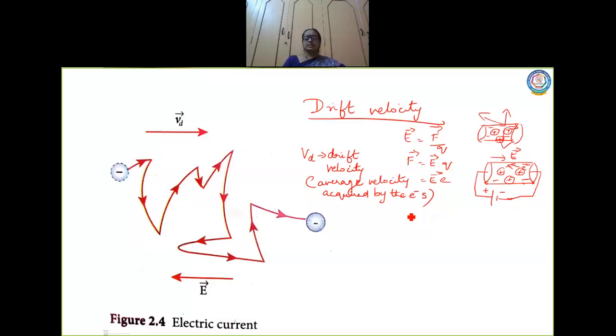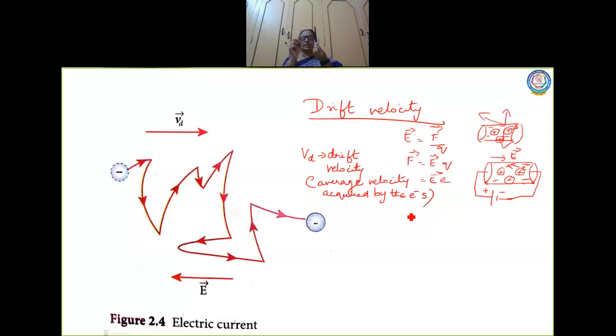Now even after they gain velocity, they will not stop colliding with the positive ions. Suppose we consider this to be a positive ion. I told you this positive ion is fixed, it cannot move. This is an electron. The electron will come and hit the positive ion, and go. Again it will go somewhere, again come and hit the positive ion and go. So they keep on colliding with the positive ions.